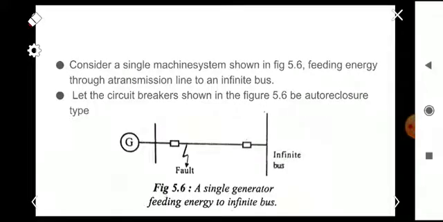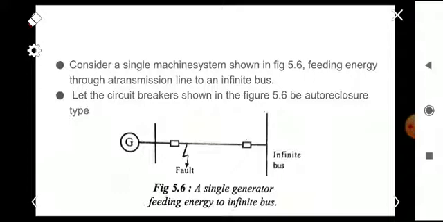The computational task involved in transient stability studies can be understood by considering the transient state of a practical system. For that we consider a single machine system shown in figure 5.6, feeding energy through a transmission line to an infinite bus. This is the generator, this is the infinite bus, this is the transmission line, and you can see two circuit breakers.